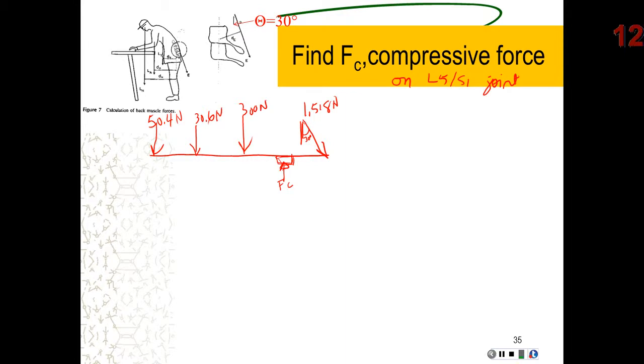And so we're doing the sum of the Fy. It's the up-down, so the sum of the Fy is equal to 0. All these things on my drawing that are going directly downwards have to sum to 0.